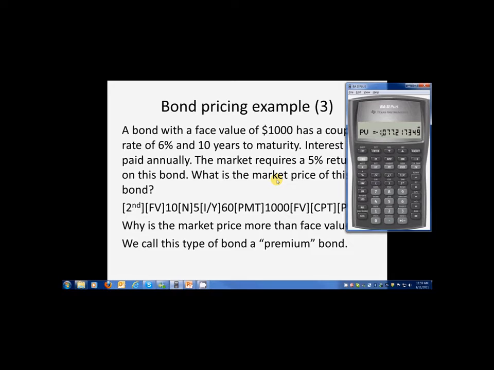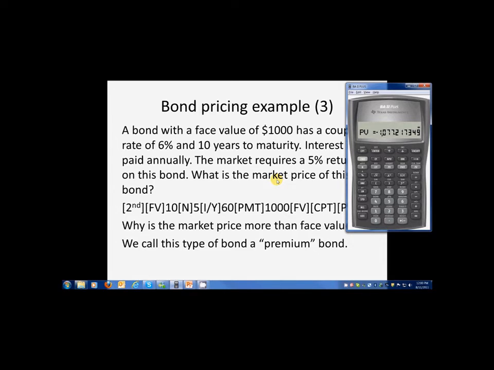Well, the answer is quite simple. The market only requires a 5% return on this bond, yet the bond's coupons return 6%. So the coupons are actually more than enough to satisfy investors' need for return, and so investors are actually willing to pay more for the bond and take a small capital loss on the bond in order to receive those 6% coupons.